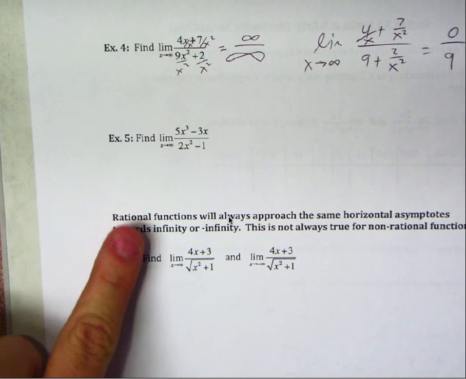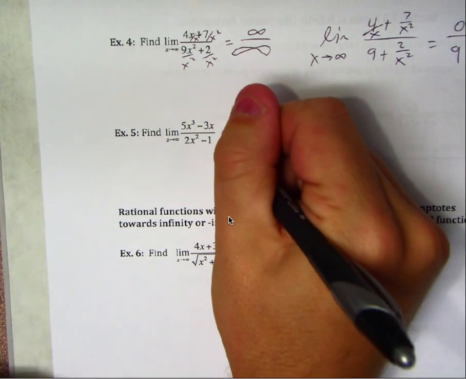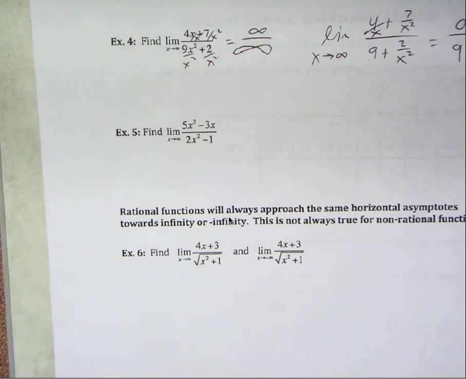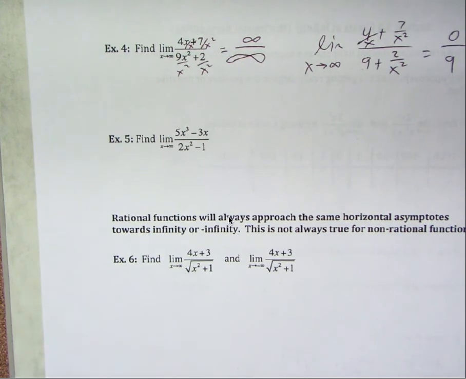Let's plug in that infinity, baby. On top, what's infinity cubed? Super infinity. In general, on top you're going to get infinity. On bottom you get infinity. Infinity over infinity is indeterminate. So we're going to use that process of dividing every term by the highest degree variable of the denominator.